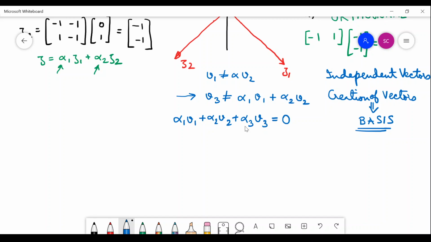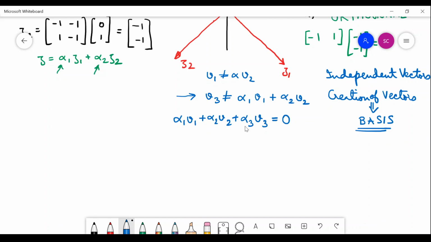If it is satisfied by some non-zero alpha, that basically means v3 is equal to alpha 1 v1 plus alpha 2 v2. Then you can divide by alpha 3, considering alpha 3 as 1, and v3 becomes equal to minus alpha 1 v1 plus minus alpha 2 v2. So for some non-zero alpha 1, alpha 2, you are able to get v3 as a linear combination of v1 and v2.